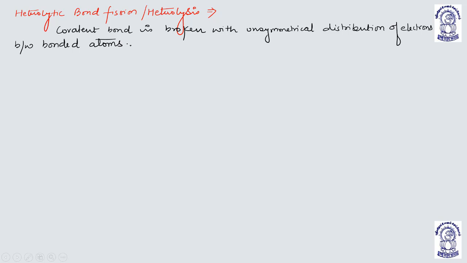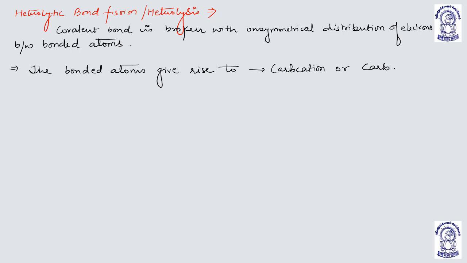So the covalent bond is broken with unsymmetrical distribution of electrons between bonded atoms. The bonded atoms give rise to either carbocation or carbanion as a reaction intermediate.